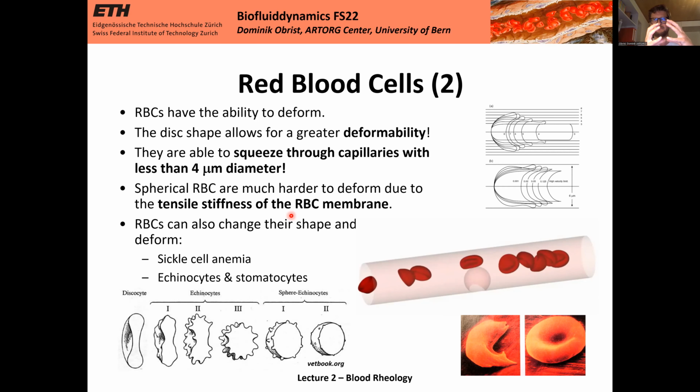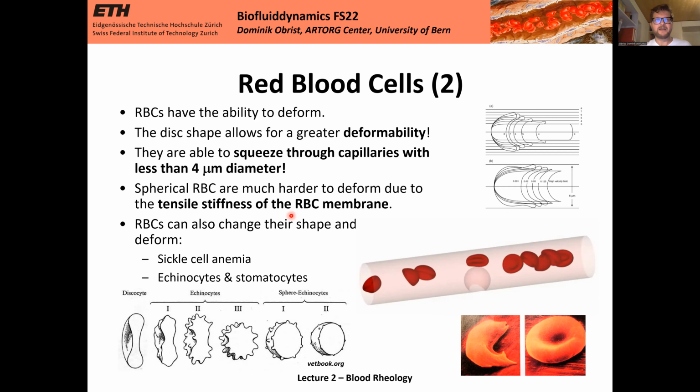Right? So if you wanted to have a sphere with a certain surface area and you wanted to change the shape of that sphere, you would invariably start to increase the surface area, to which you have a lot of resistance because the membrane is very stiff.